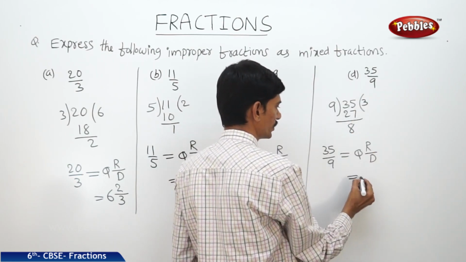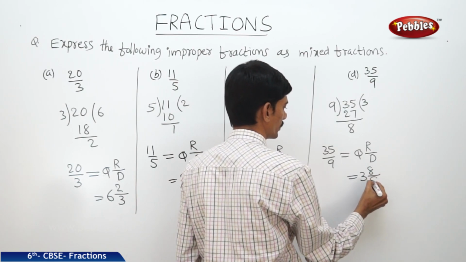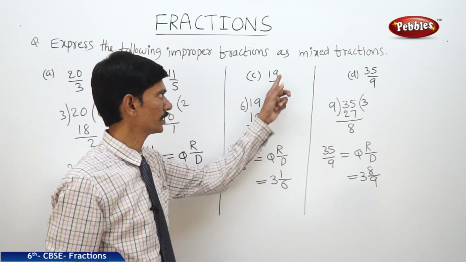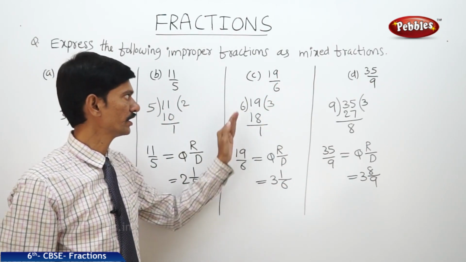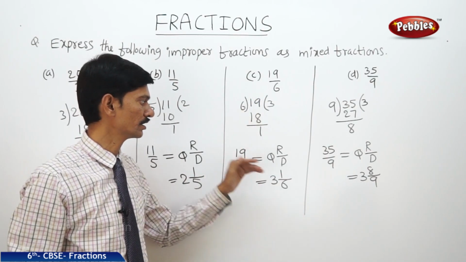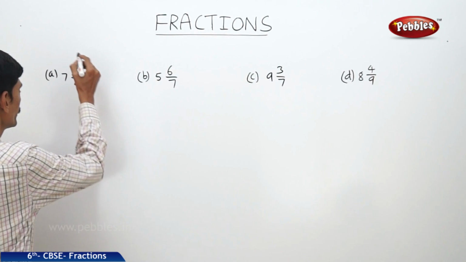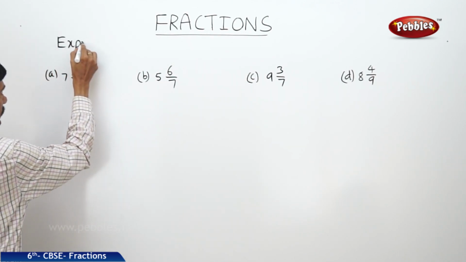Here quotient is 3, remainder is 8 over divisor 9. So it is 3 8/9. So by dividing the numerator by the denominator, we can express any improper fraction as a mixed fraction. Now the next question, express the following mixed fractions.